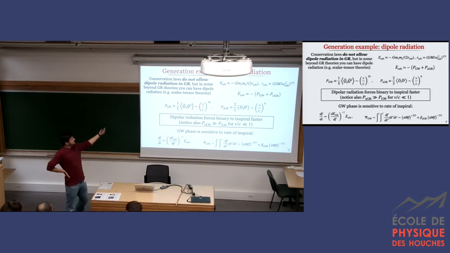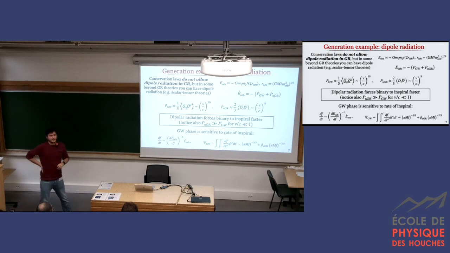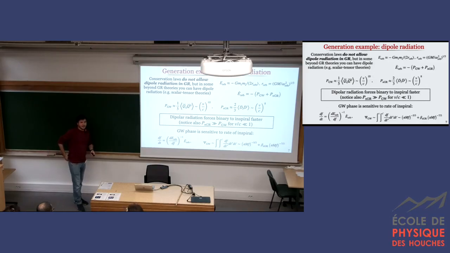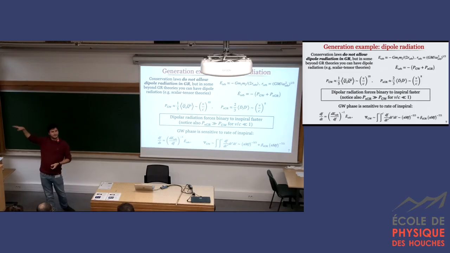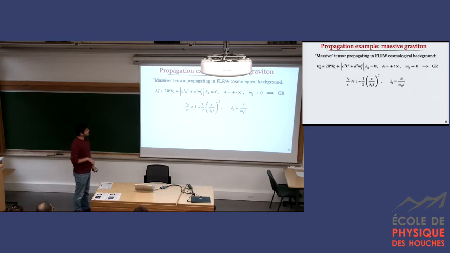Relative to this one, you would call it a -1 PN order effect, because there's a factor v to the -2 with respect to this term. So at smaller frequencies, at smaller velocities, it is more important. Any question about this?